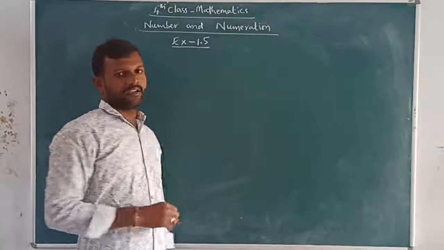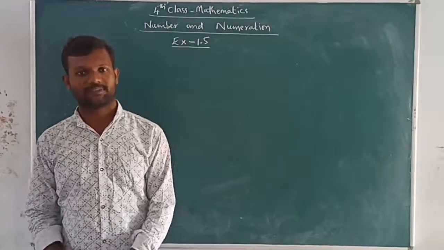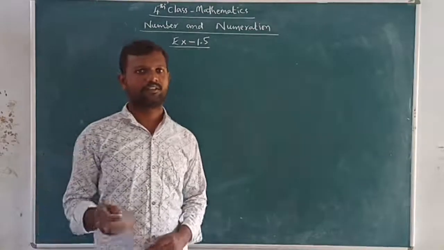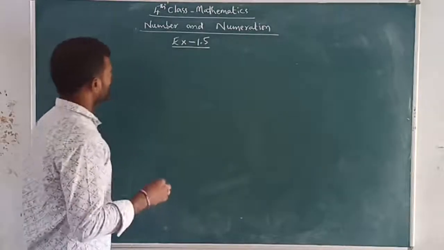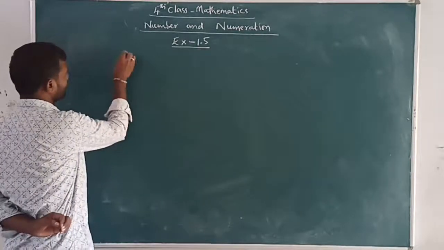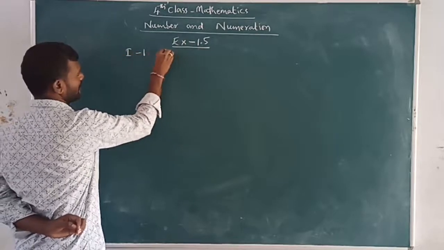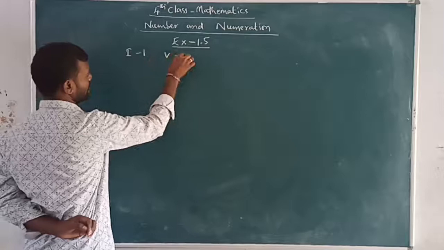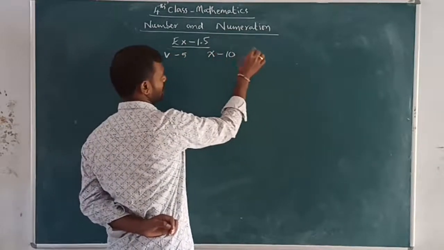Okay. In exercise 1.5, we are discussing Roman numbers, Roman numerals. I already said the main symbols in Roman numbers. This is I and V, which is nothing but 5, and X is nothing but 10.